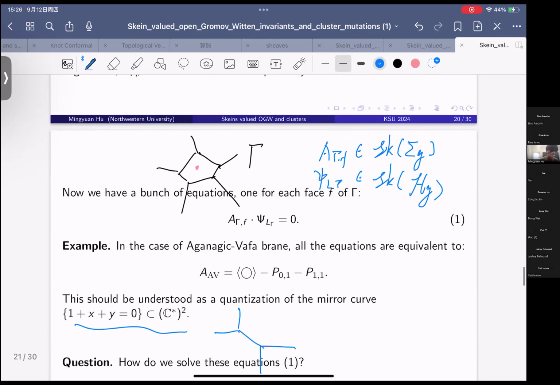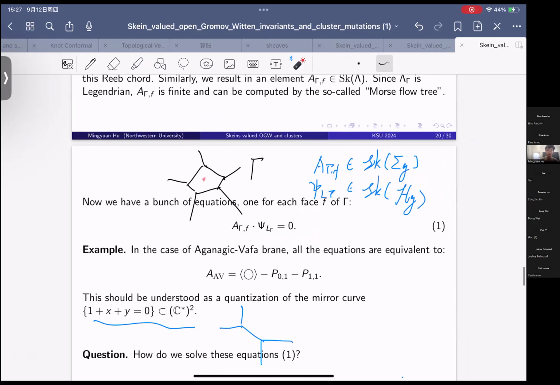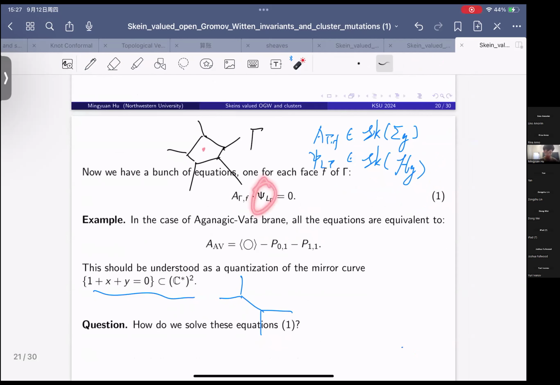So in conclusion, we have a bunch of skein equations. This psi lives in the skein module of the handlebody, and this A lives in the skein module of the surface, and we have one equation for each face of gamma, and we want to solve them. If we can solve these equations, and if we know the solution is unique, then we can compute the wave function of L gamma.